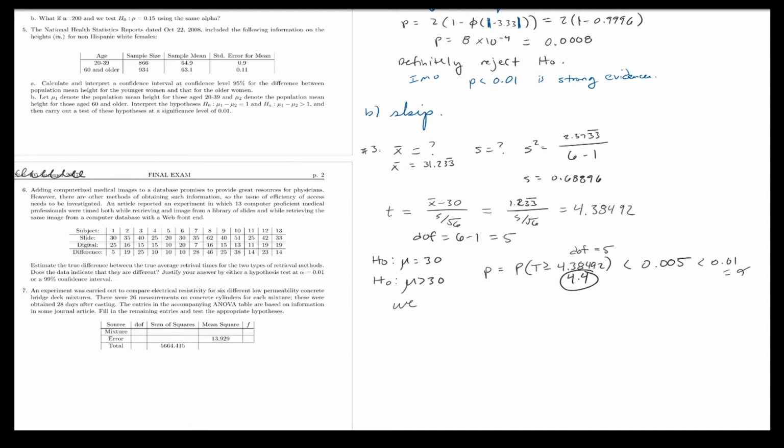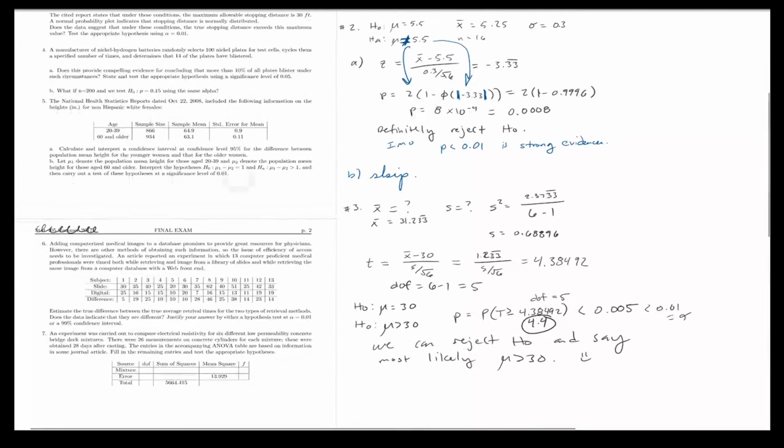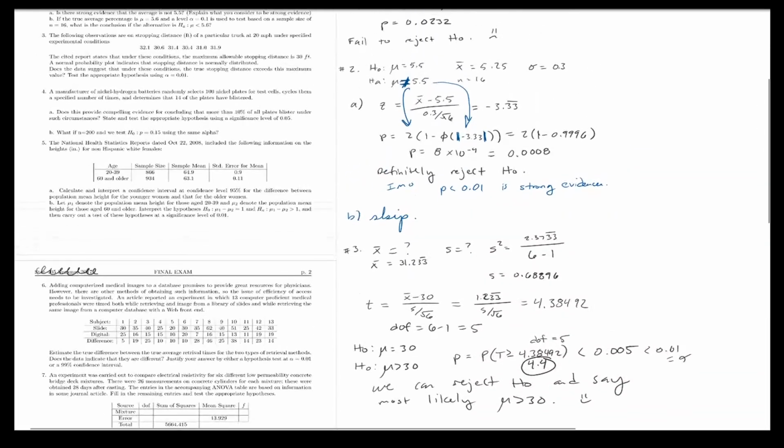So we can reject H0 and say most likely mu is greater than 30. So yes, this data does suggest that the average stopping distance is larger than 30.